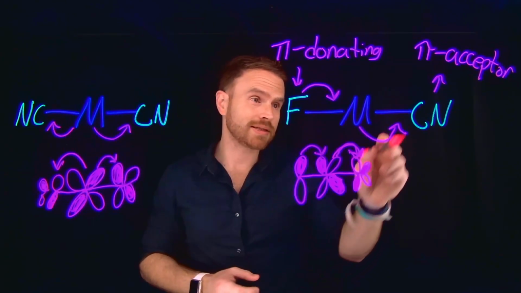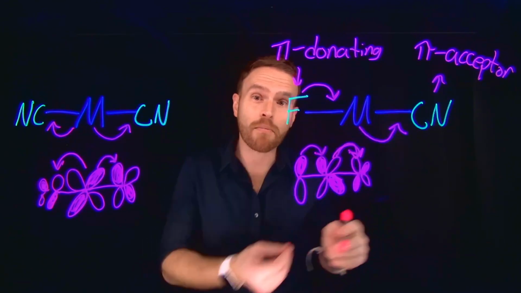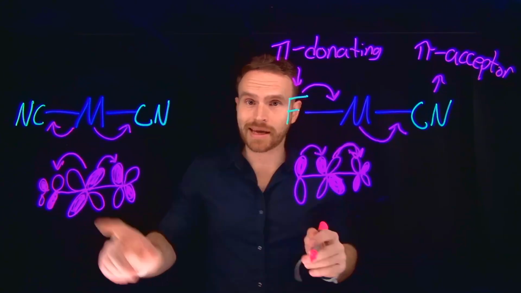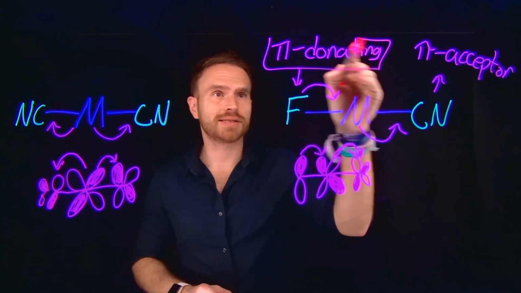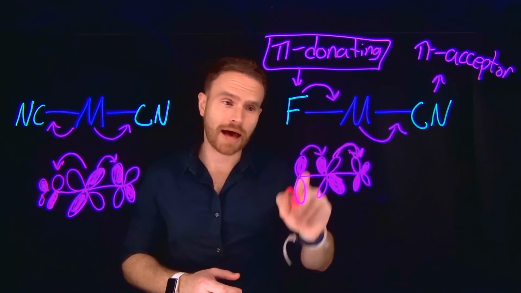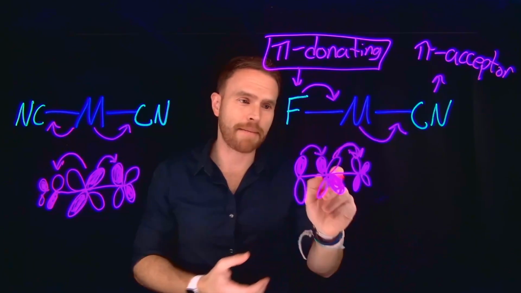So what that means is that this metal to carbon cyano group is experiencing even more pi back bonding than this metal cyano group. And again, the reason for that is this one has a pi donating ligand because this ligand can do angular overlap in such a way that is synergistic in pushing electrons over to that metal to carbon bond.